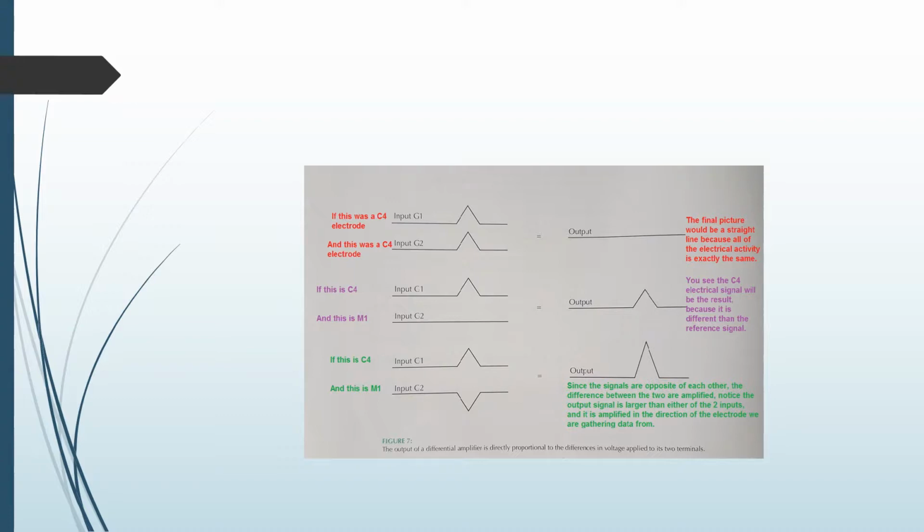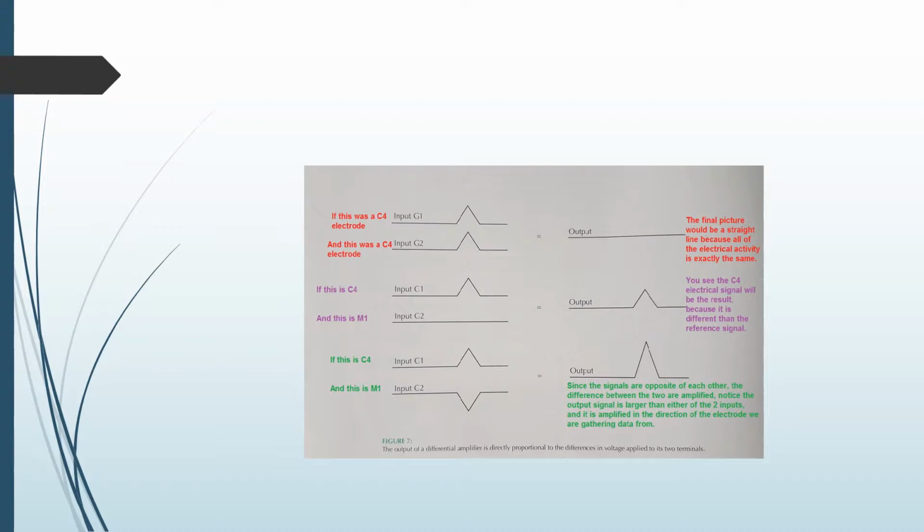Now look at our output. Since the signals are opposite of each other, the difference of those 2 are amplified. Notice the output on this side, the triangle, is larger than either of the 2 inputs on the input side. So your output triangle is twice the size of input G1 and input G2.